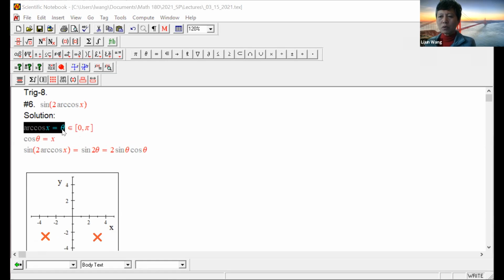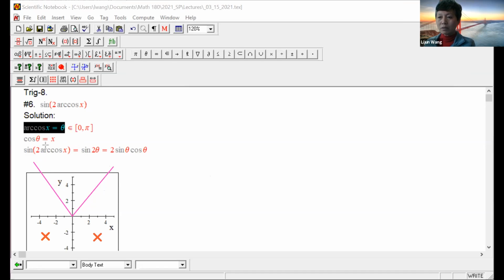We don't know where theta is, but we do know that theta terminates in either the first quadrant or the second quadrant. In either quadrant, sine is positive. Cosine is positive or negative, but sine is positive.